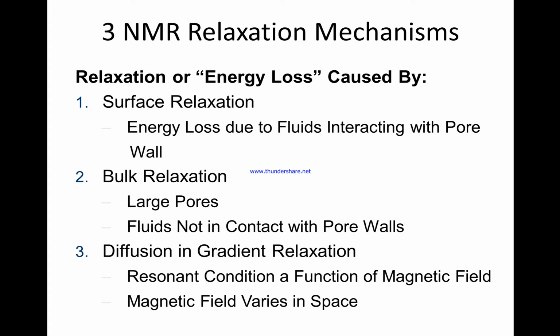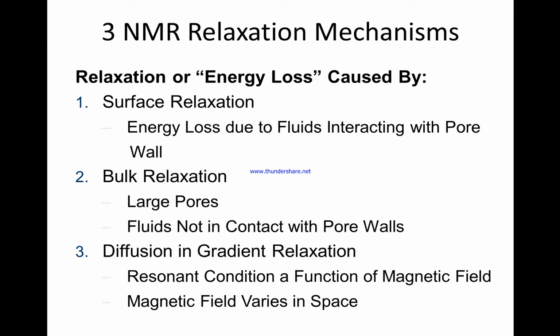There are three relaxation times contributing to this relaxation mechanism. The first one is called surface relaxation, the second is bulk relaxation, and the third is diffusion gradient. What is surface relaxation? Surface relaxation is energy loss due to fluid interaction with the pore space.